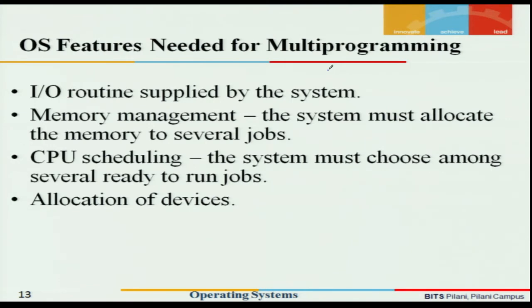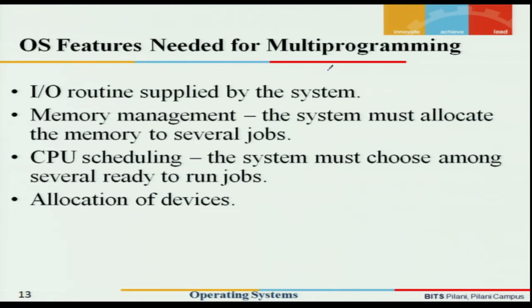Then the next issue which is required to be addressed is, in the memory there are multiple programs, multiple jobs residing in the memory. Now, the question would arise, which particular job should get executed on the CPU? It leads to a scheduling decision, that is, how to schedule the various jobs.